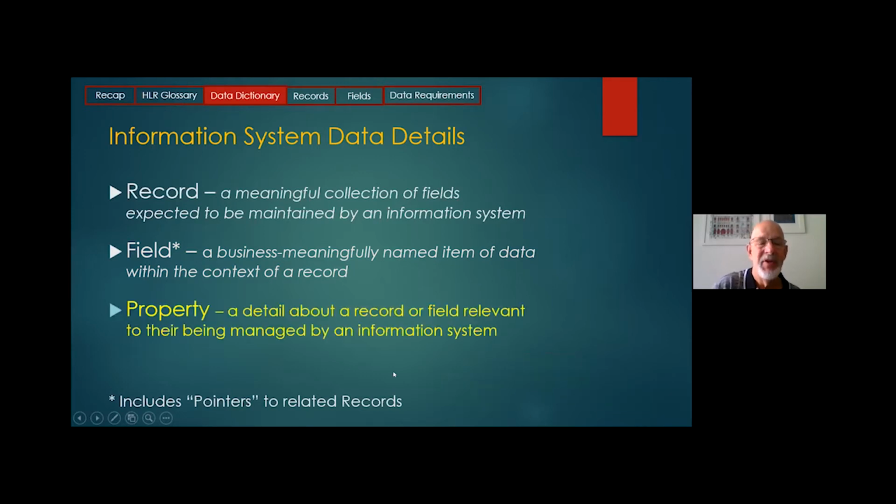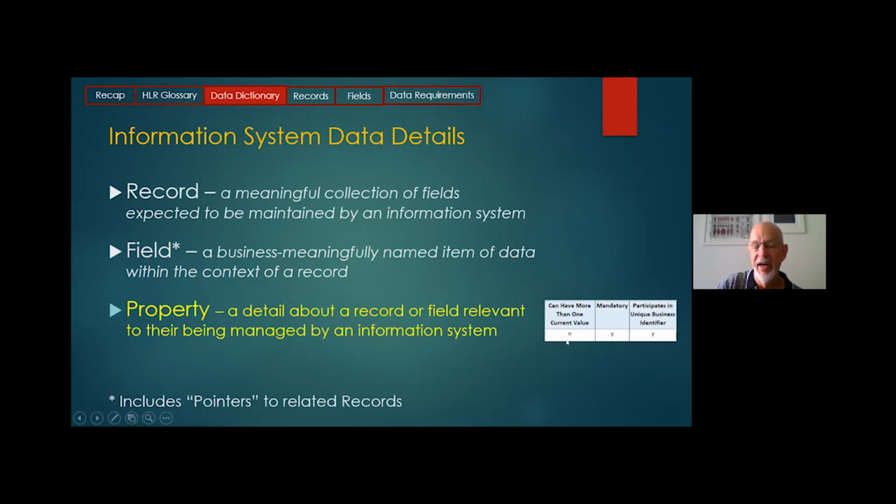And lastly, when we talk about details in a data dictionary, we have records, we have fields, and then we have properties about records and fields relevant to their being managed by the information system. Here are 3 example properties for a field. Can it have 1 or more current values? We want to know that.